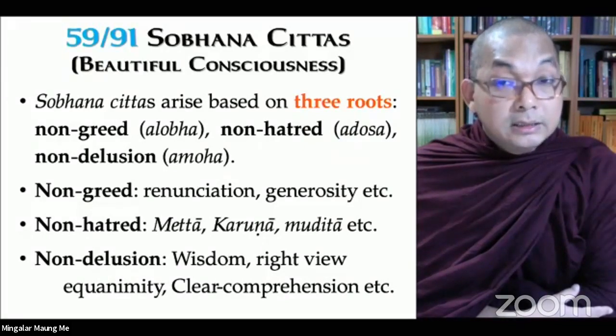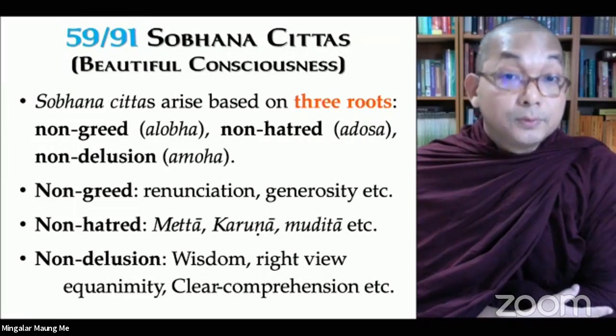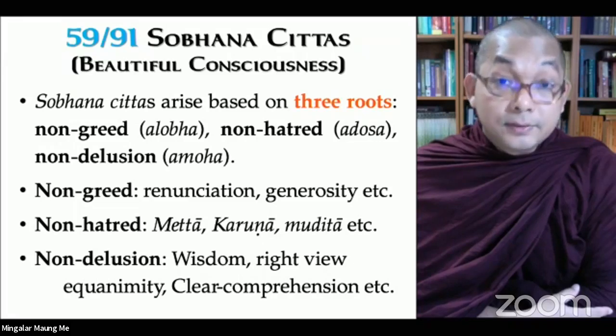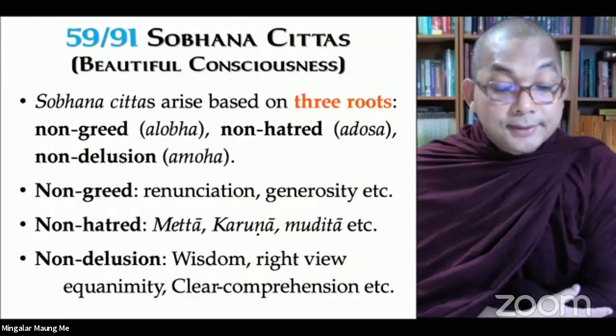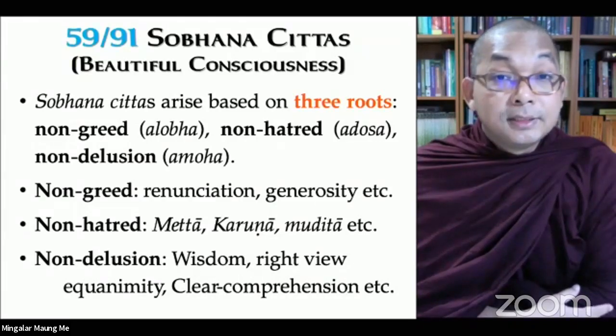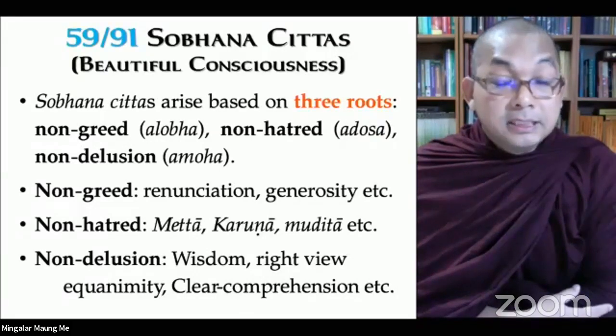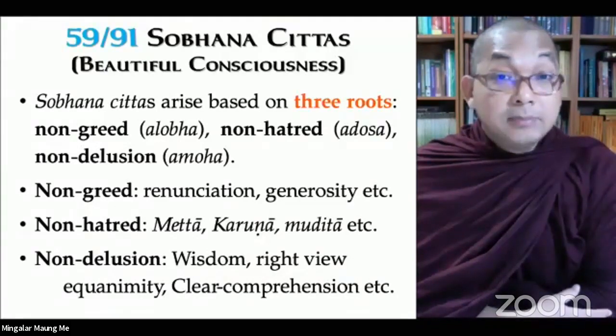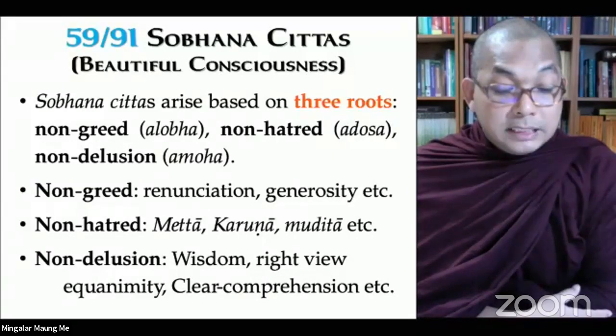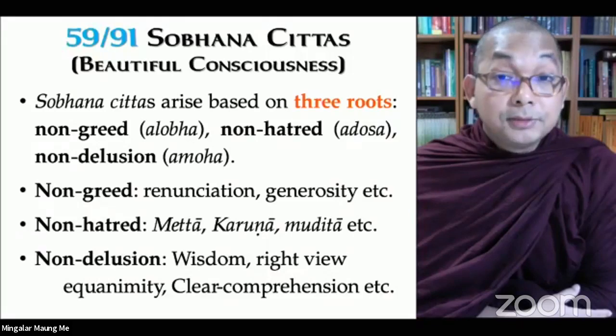When you are cooking, you must know that you are cooking. When you're walking, you must know that you're walking. Drinking, just know that you're drinking. That's called clear comprehension. Such clear comprehension is important in meditation, and it is called non-delusion.